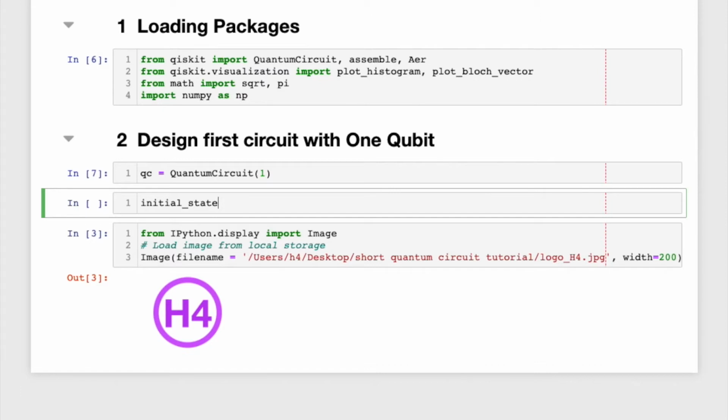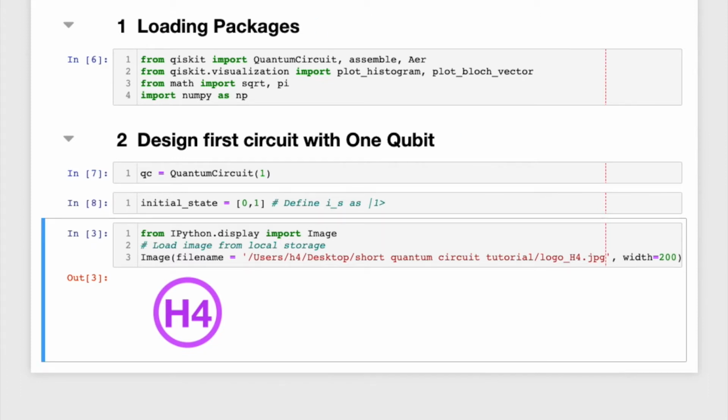Once we have this, we can design an initial state. This is basically defining some initial probabilities or position of the qubit, and we define the initial state as the vector ket 1.